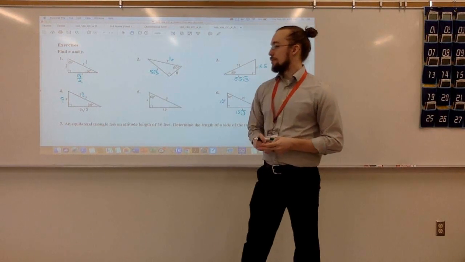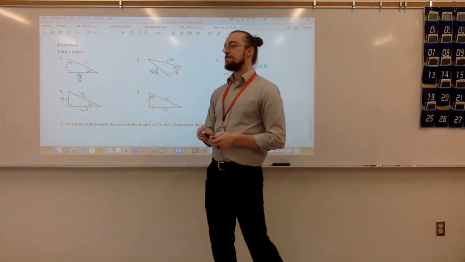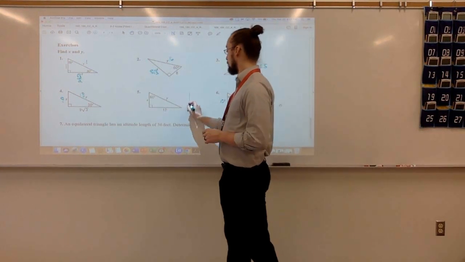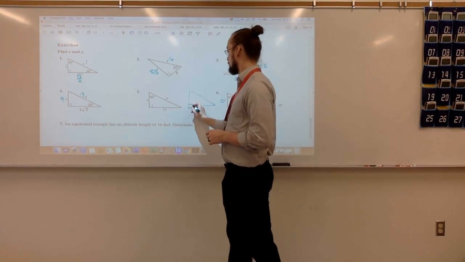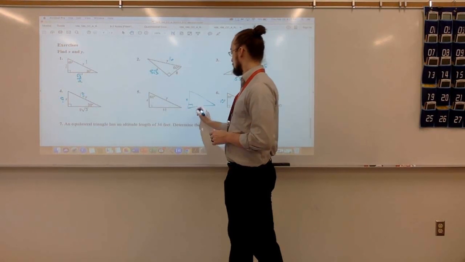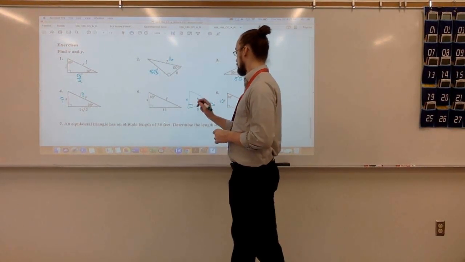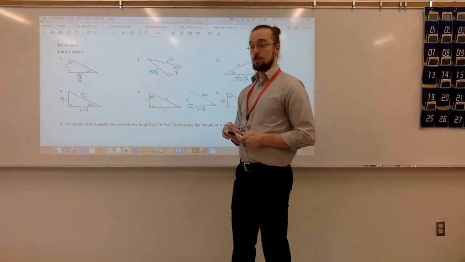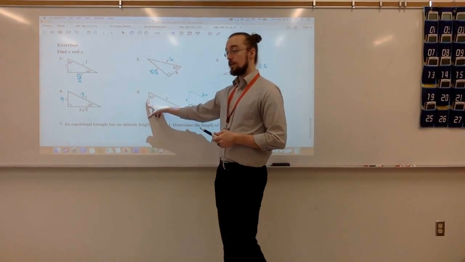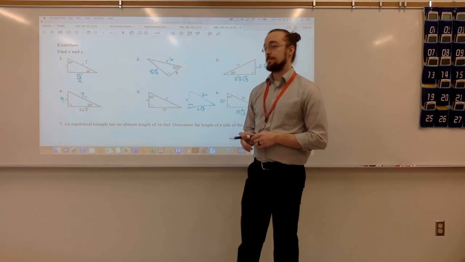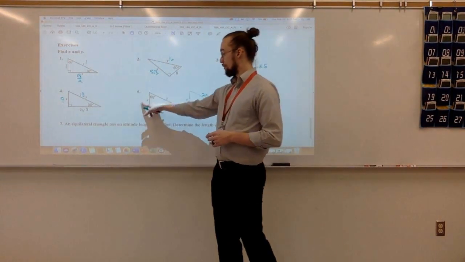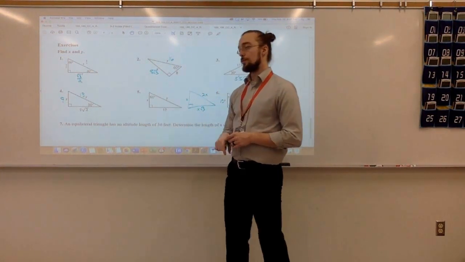Not times, divide by. Right, it has to be the shorter. So if we think about the relationship, this is x times the square root of 3, so we would divide by the square root of 3 to get this side. Whatever we get for here, we multiply by 2 to get that one.